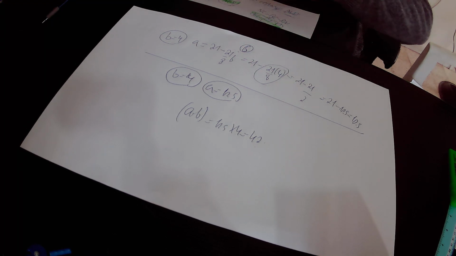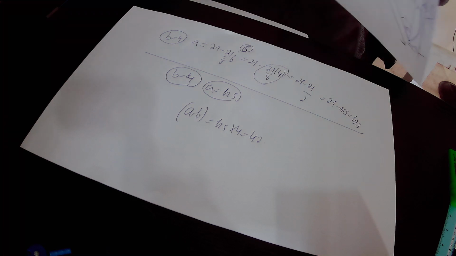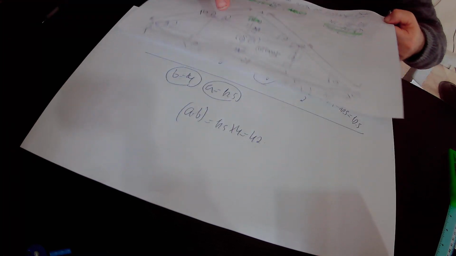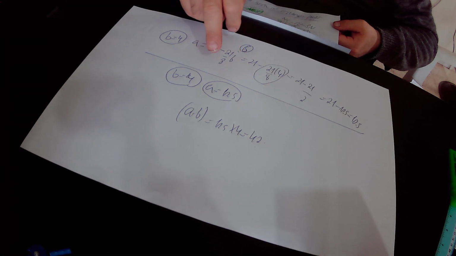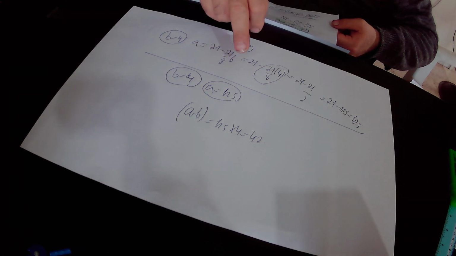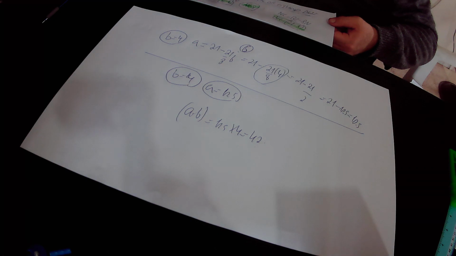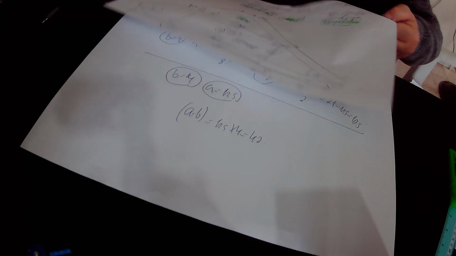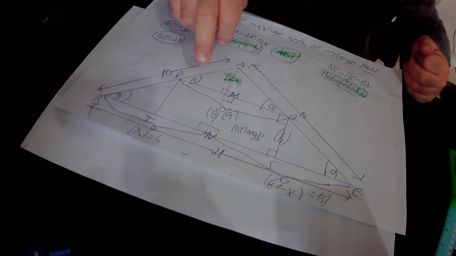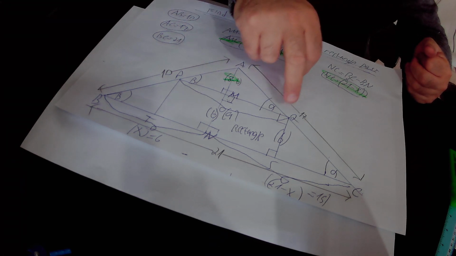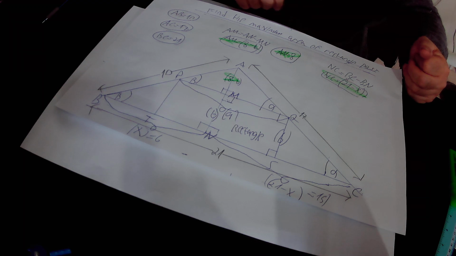And a times b is the area of this rectangle PQST. A is 10.5, b is 4, and therefore 10.5 times 4 is 42 square units. So the maximum area of this rectangle PQST equals 42 square units. Okay, thank you very much.